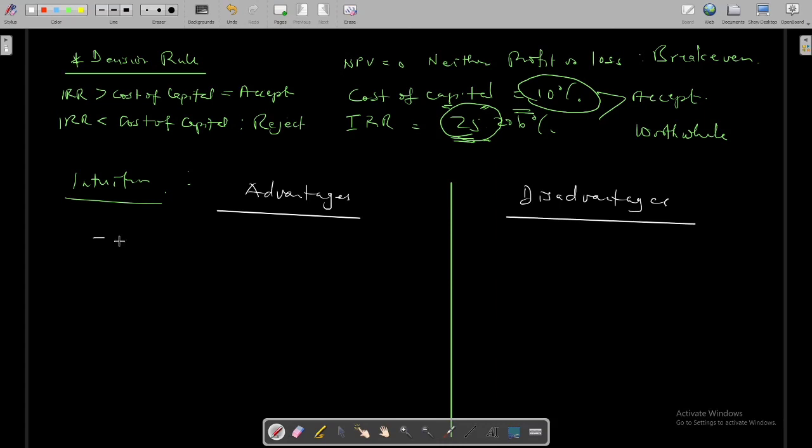One, it considers the time value of money, so it discounts the cash flows into present value.